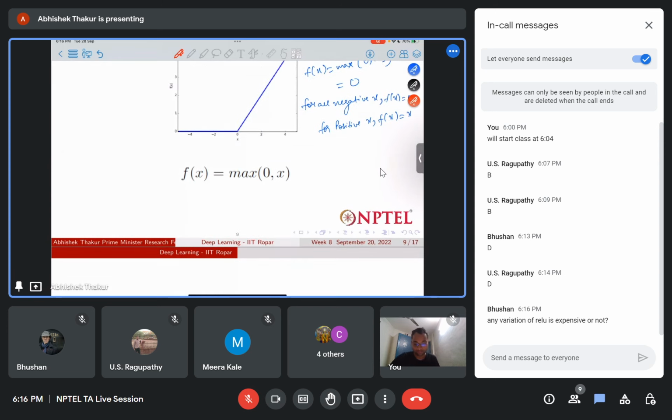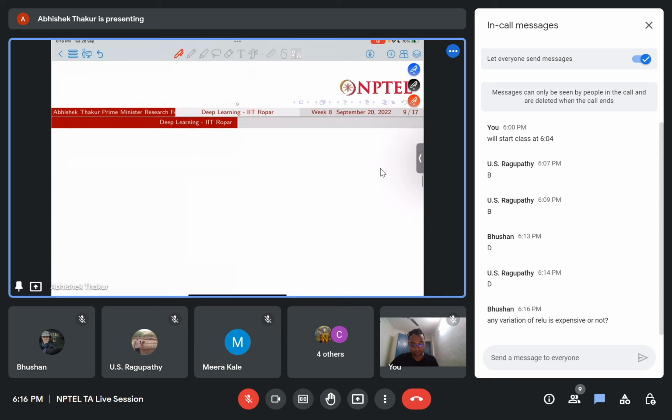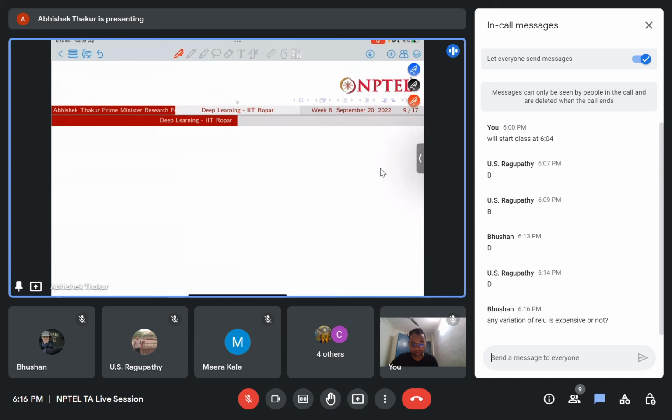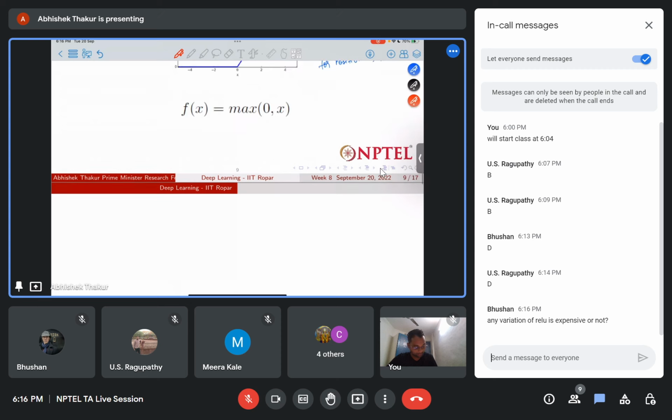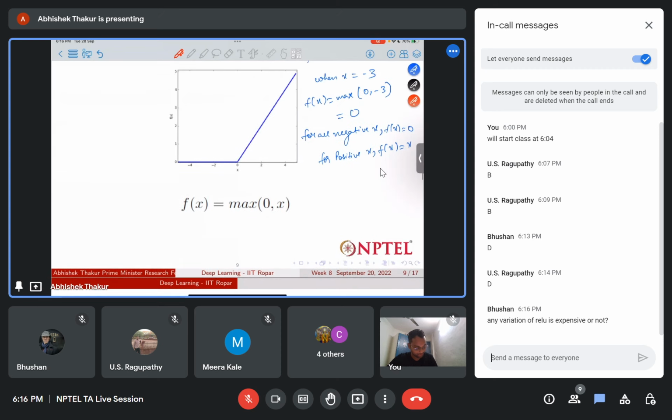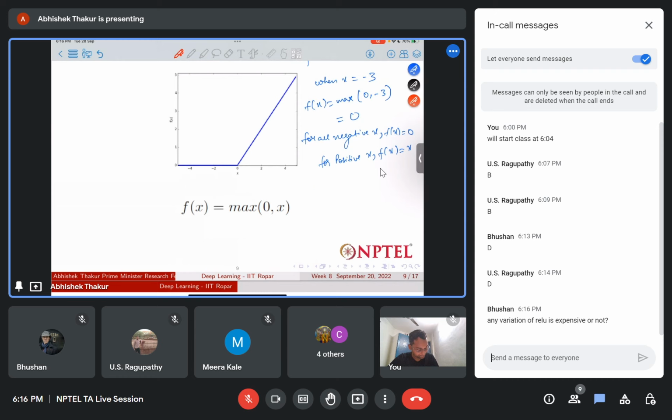Okay. Let's see some more things about the ReLU. We'll first see the derivative of this. When you take the derivative, it will be 0 if x is less than 0, and it will be 1 when x is greater than 0.